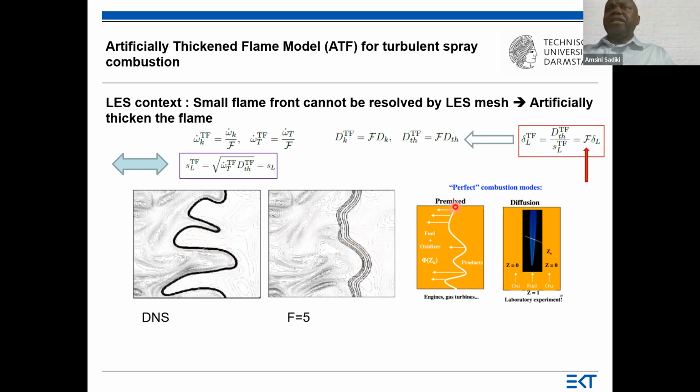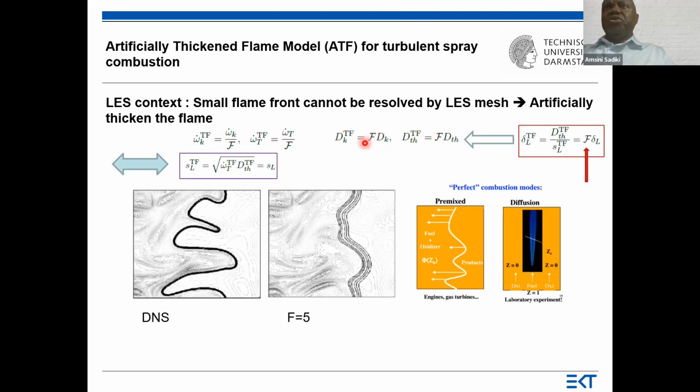We see that for premixed and sometimes also for diffusion flames, the thickness of the flame is very thin, 1 millimeter or less. And with LES, it is sometimes difficult to resolve this, in premixed and non-premixed flames. So what is the idea? The idea is to introduce more diffusion process.